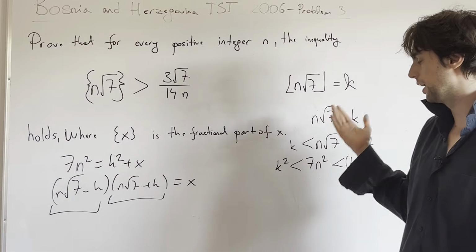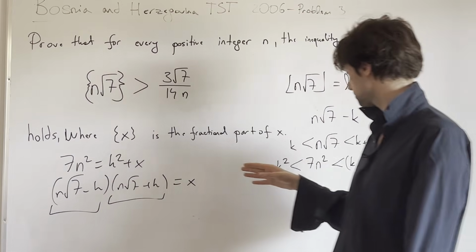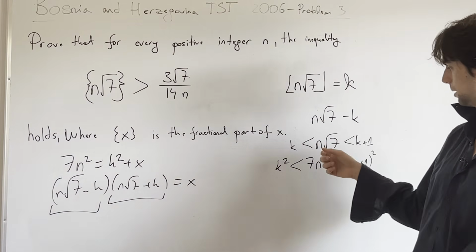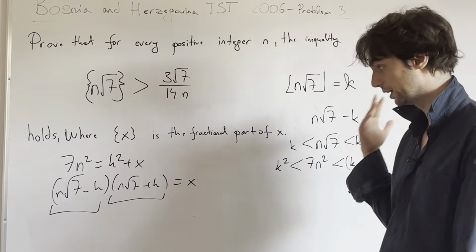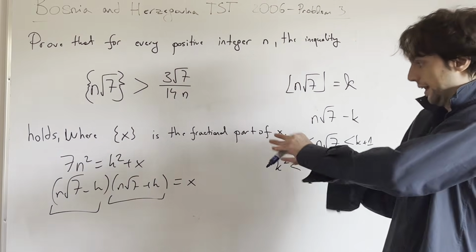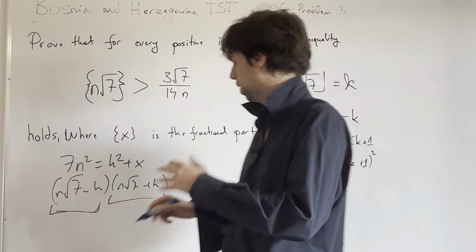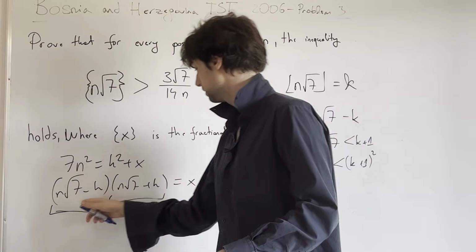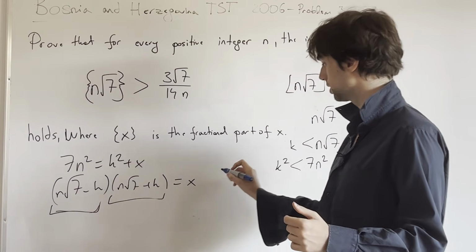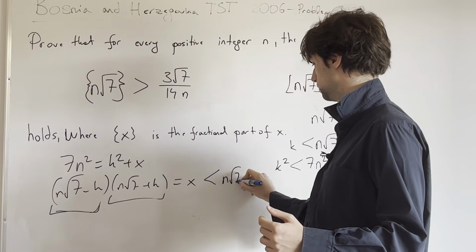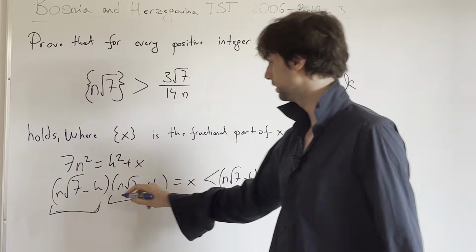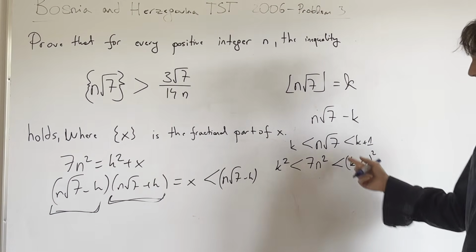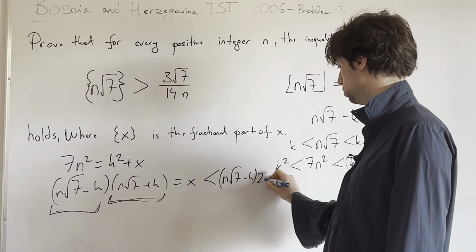Maybe we can use the fact that this thing right here is less than or greater than some n square root of 7 plus or minus 1. Now maybe we can justify this with only n in the way. For example, we could say that this whole expression is strictly less than n square root of 7 minus k times something, so we're going to have k less than n square root of 7, 2n square root of 7.